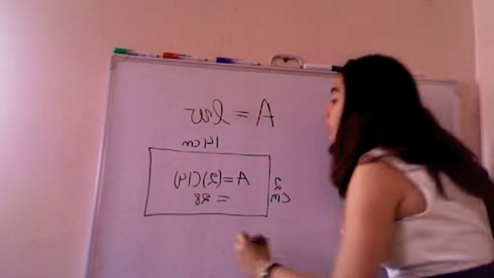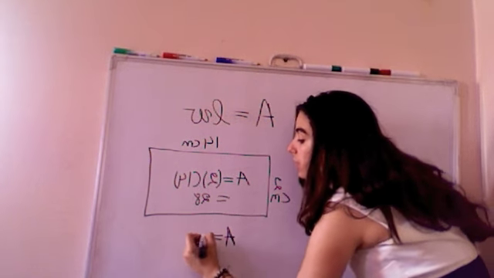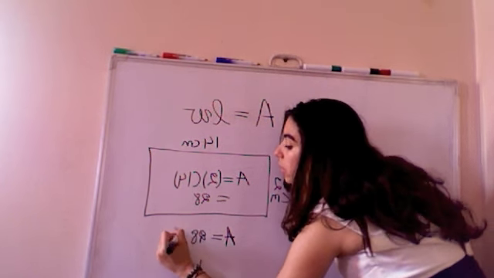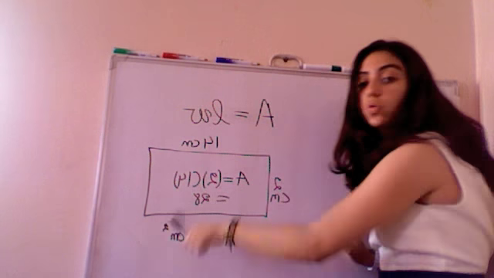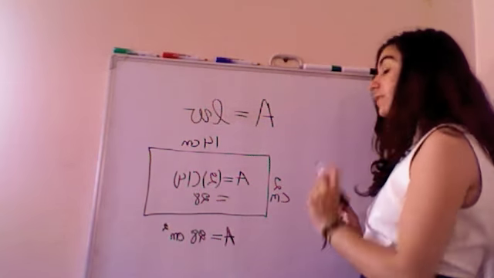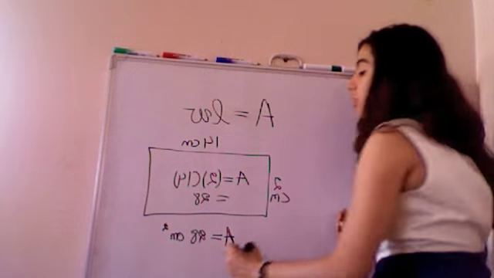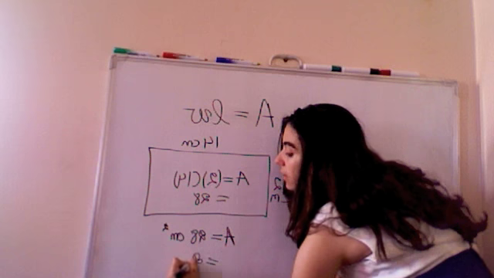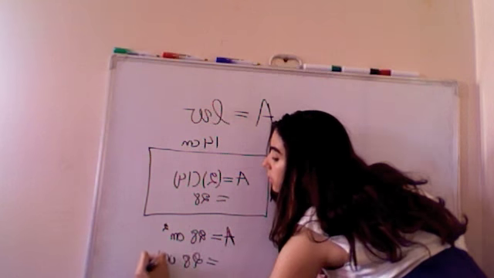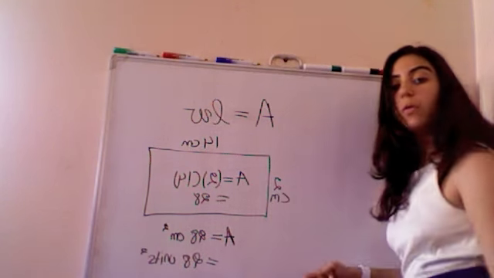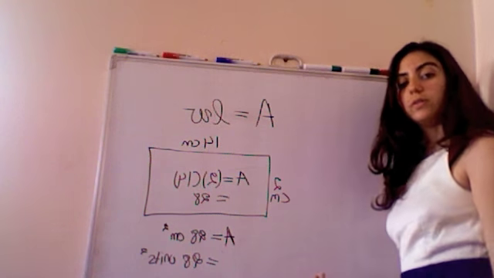Never forget to write the units squared. Even if you don't have the units, you could just write 28 units squared, because you always need to have the squared when you're using area.